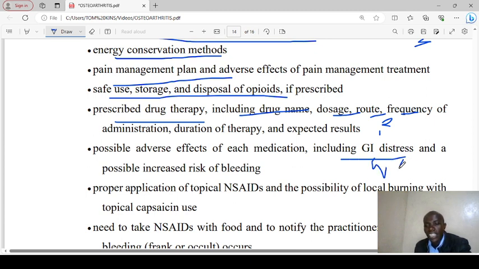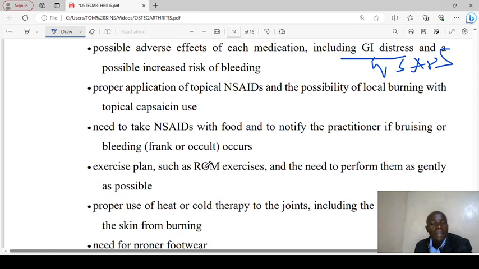Okay. NSAIDs, you take the drug with food so that you don't suffer from GI disturbance. We have proper application of topical NSAIDs and possible local burning of the topical use. Need to use NSAIDs with food and to notify the practitioner if bruising or bleeding occurs.